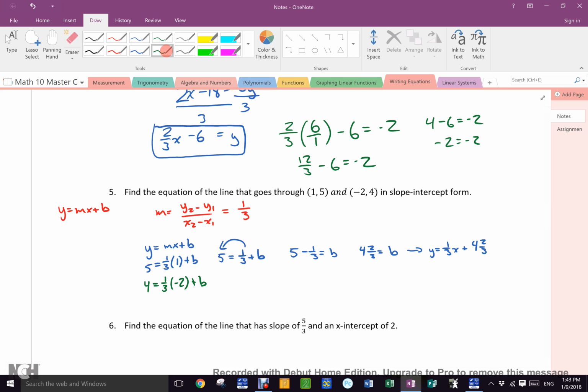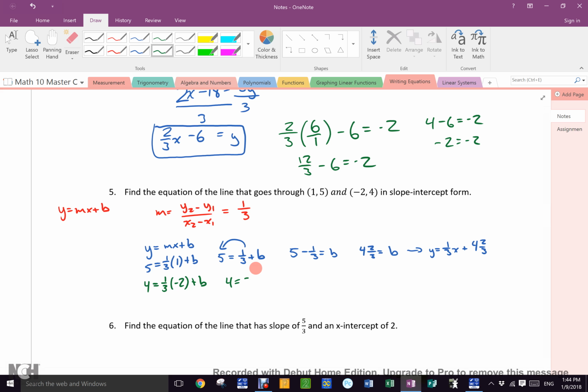What if I wanted to do the green version? Do the numbers change? But does the method change? No. I'm going to have 4 equals, what is 1/3 times negative 2? Negative 2/3. I got 1/3. There he is. This finger is 1/3.